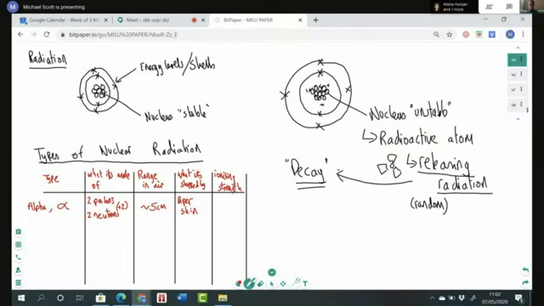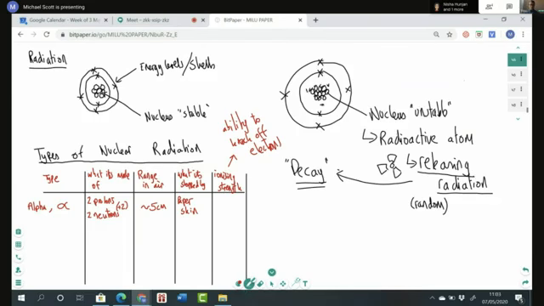Now, this last column, the ionizing strength, typically causes a lot of problems for people. When we talk about ionizing, it basically means the ability to knock off electrons.